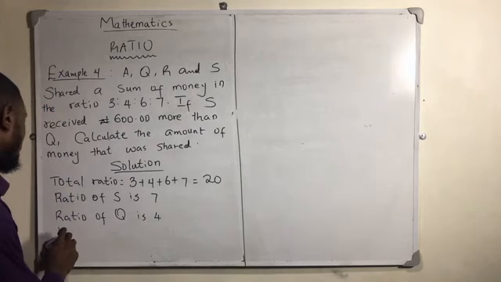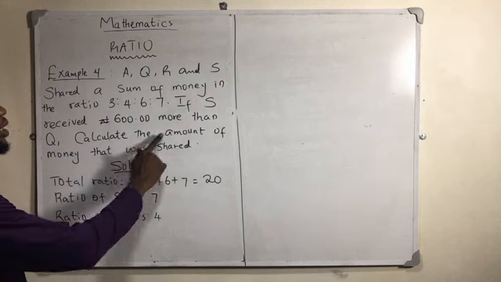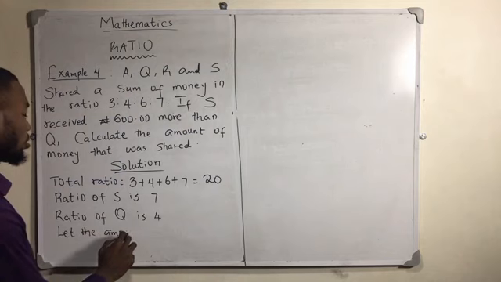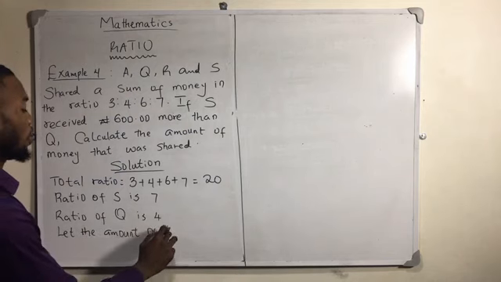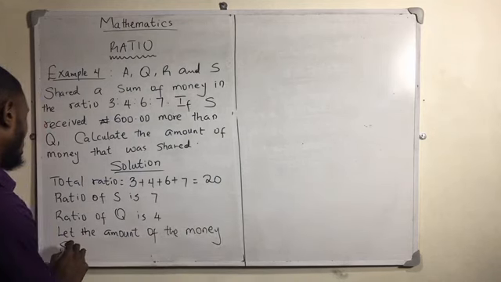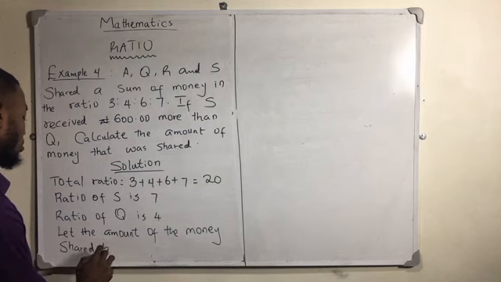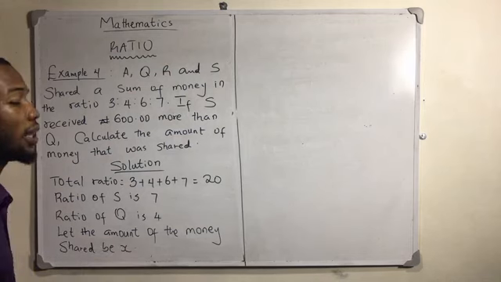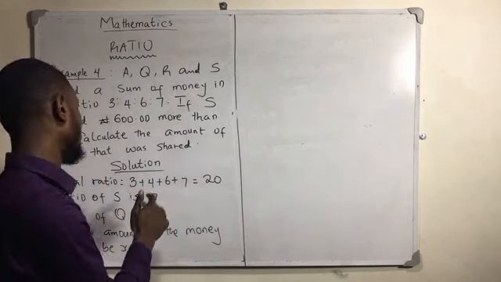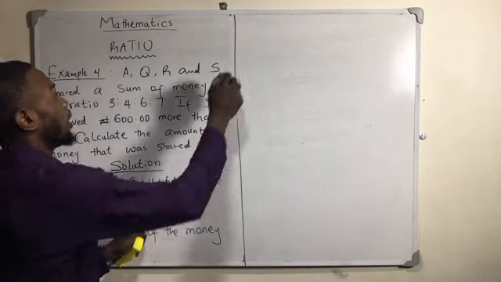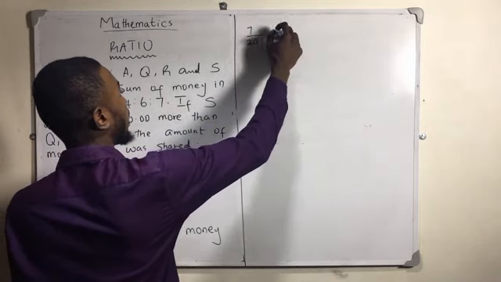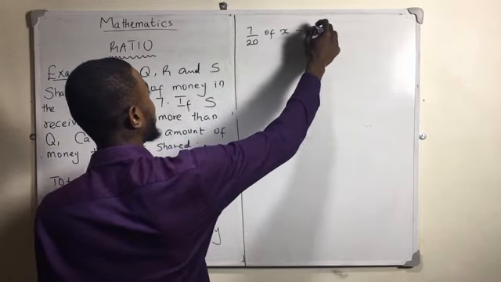Now the next thing, which is this statement, calculate the amount of the money shared. Let the amount of the money shared be X. So we are letting the amount of the money which is being shared be X. Now if you are going to write that, for this we have 7 over 20 of X minus 600.